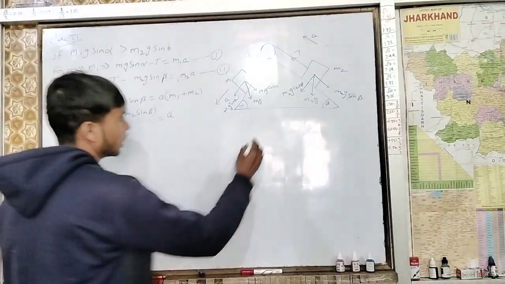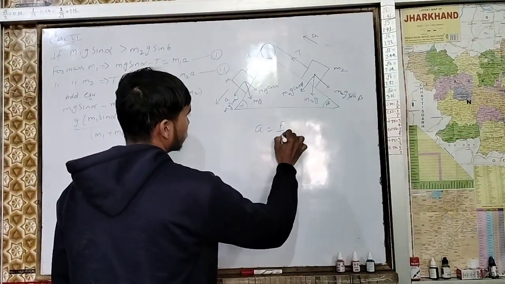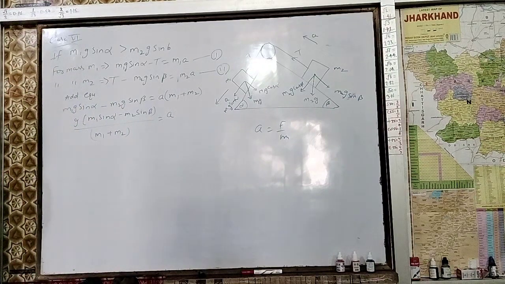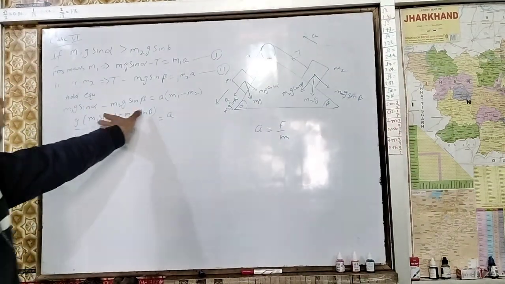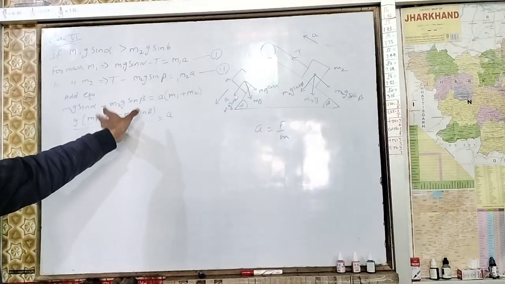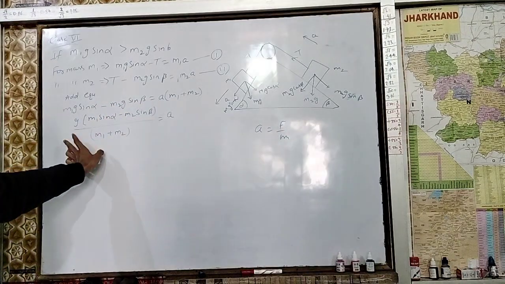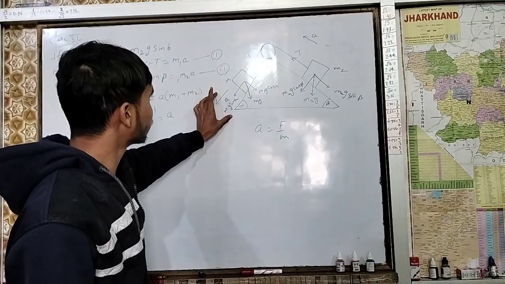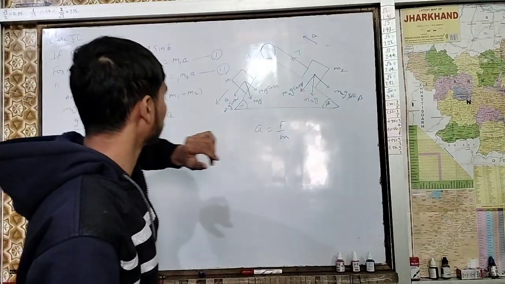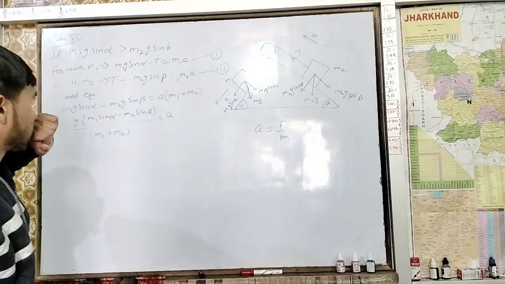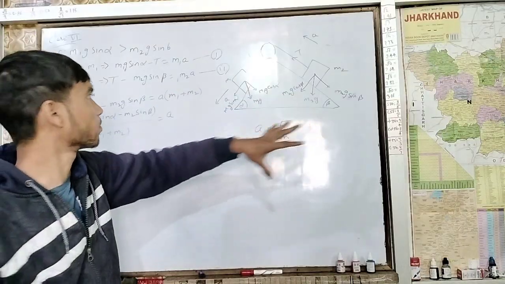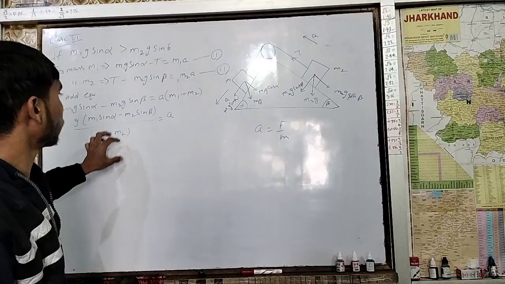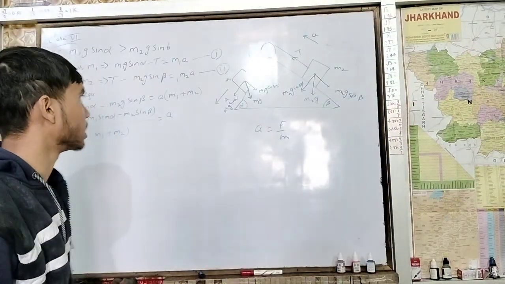And you know that a is equal to F upon m. Same thing we are getting. Over here we have force: the final force, downward force minus upward force, upon total mass will be our acceleration.